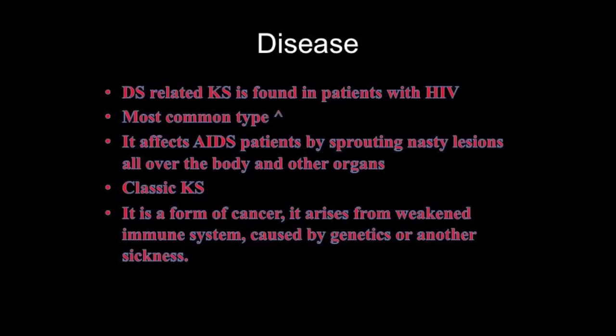Although it does affect AIDS patients, it can also be found in homosexual men who do not have HIV or AIDS, but this is also very rare. Now, one of the questions is, does this pathogen affect AIDS patients differently? I have to answer yes, because if you see these violet lesions on these people, then you know that they have AIDS.